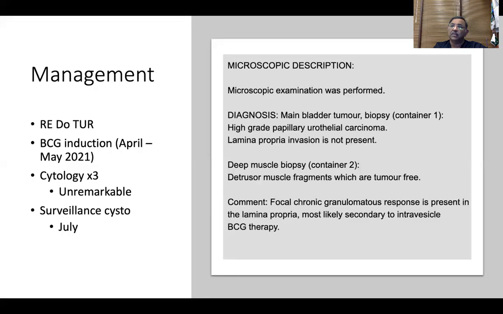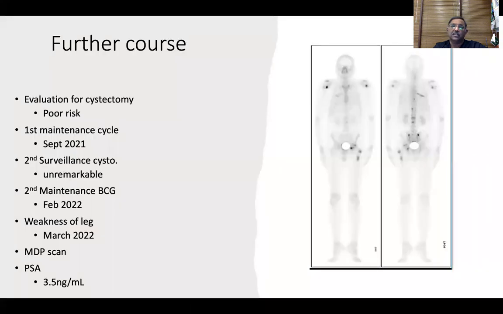Options were discussed with him, including radical cystectomy at that time, but because of the very poor cardiac risk, it was deferred, and he was started off with reinduction followed by maintenance therapy. However, unfortunately, a couple of weeks back, he presented with weakness in his leg.